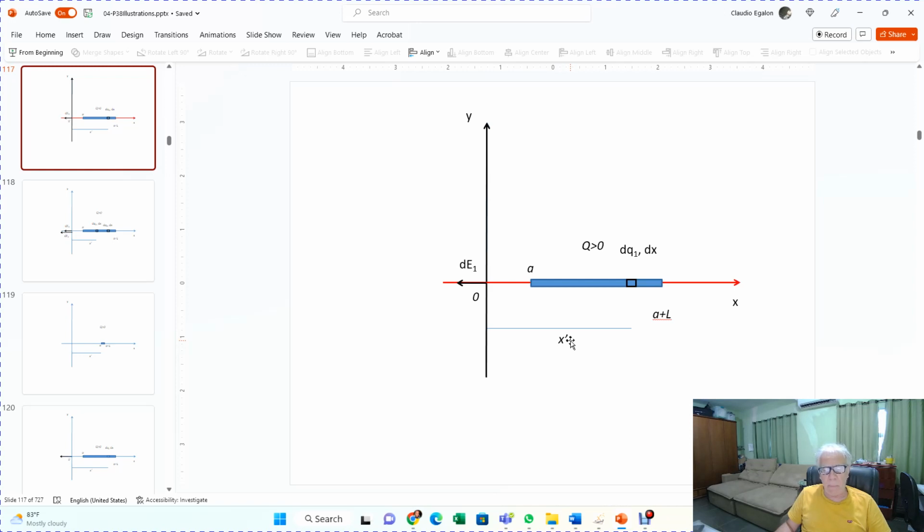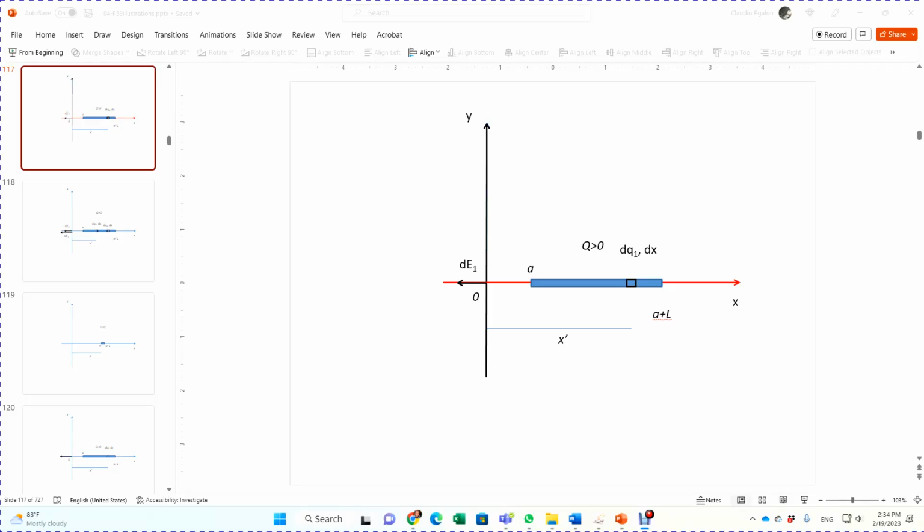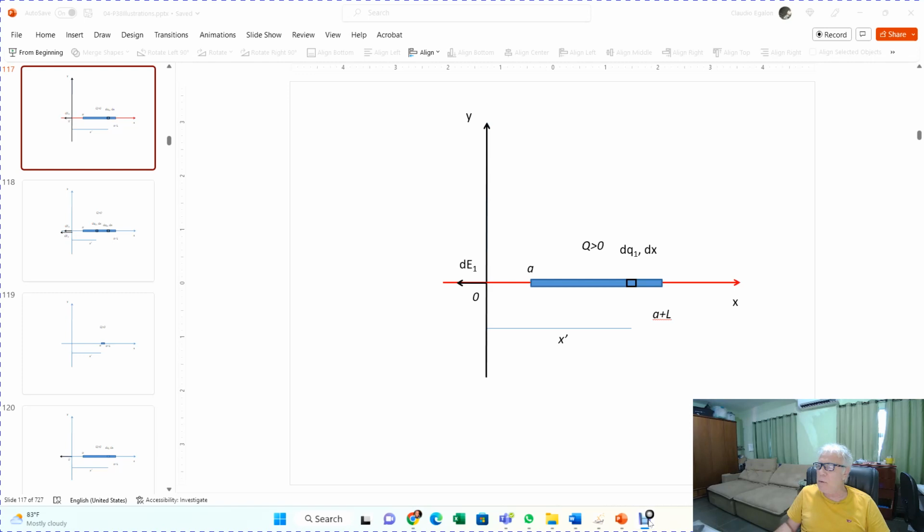In this case, r prime ends up being x prime, the distance from the infinitesimal charge to the point where we are trying to calculate the electric field. So I'm distinguishing the coordinates in the x, y, z space without prime, and everything within the electric charge distribution has a prime component. So that's very convenient to discern, right?